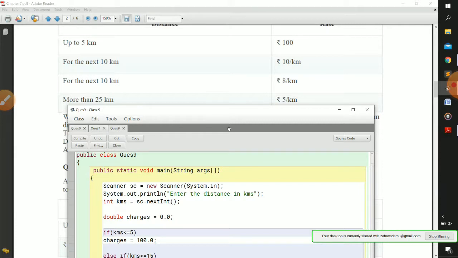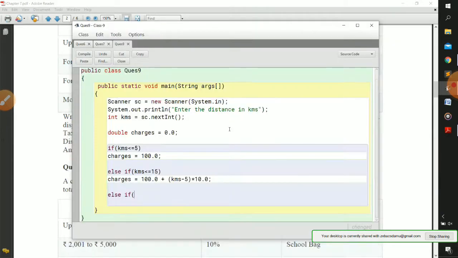So already 5 kilometers you have traveled here, and 10 more kilometers beyond that. It means up to 15 we came in the second row, and for the next 10 kilometers, it means up to 25 kilometers we come here. So now let us give it a condition: kilometers less than or equal to 25. Now if this is the situation, then charges will be 100.0 for the first 5 kilometers, 10 into 10.0 for the next 10 kilometers, because obviously if this portion is executed, it means you have traveled more than 15 kilometers, right?